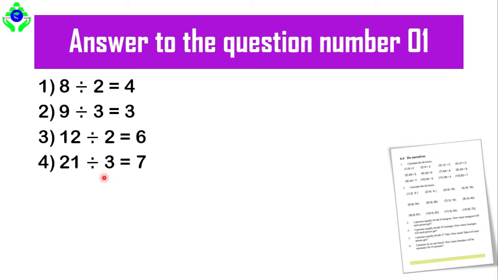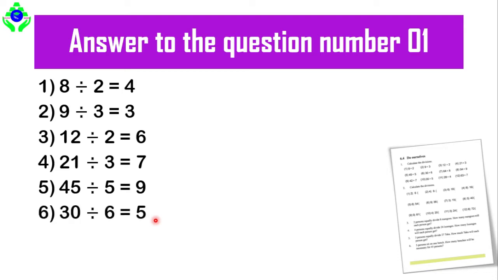If we divide 21 into 3 different parts, the answer will be 7. Question number 5 is 45 divided by 5 is equal to what? If we divide 45 into 5 different parts, the answer will be 9.